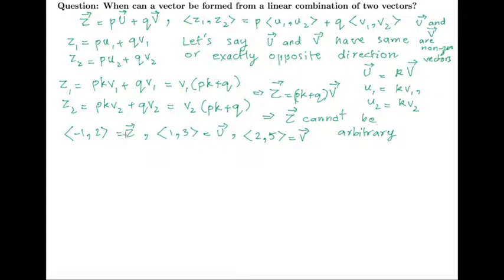So now you will see that this is possible. So -1 is equal to p times 1 plus q times 2, which is p plus 2q. And the other equation is 2 equal to p times 3 plus q times 5, which is 3p plus 5q.